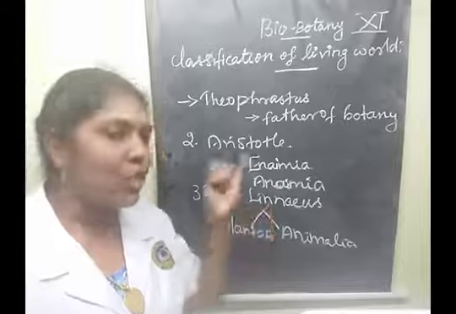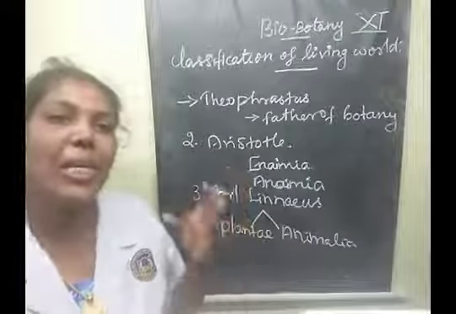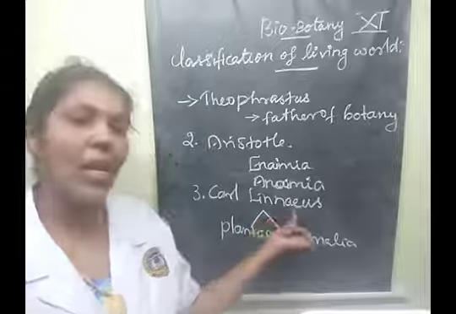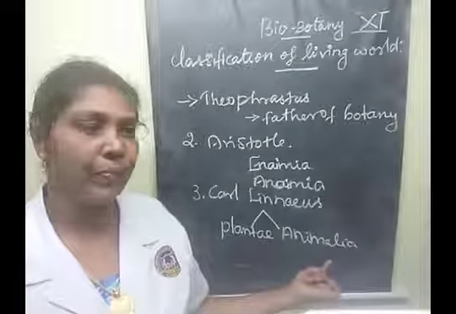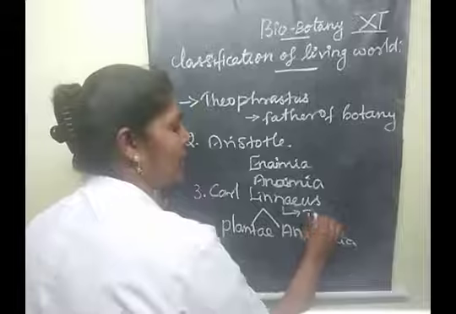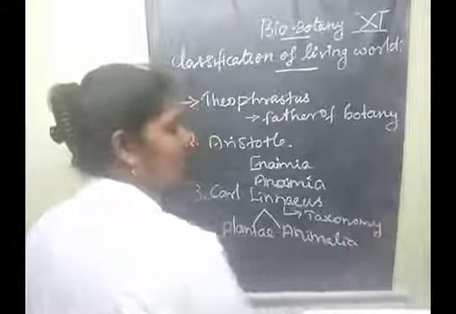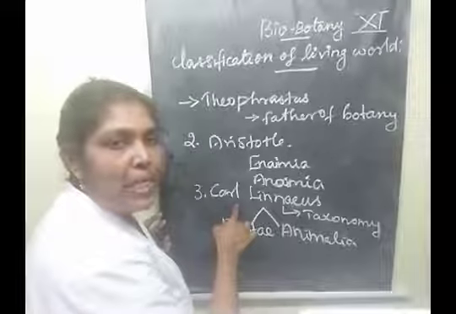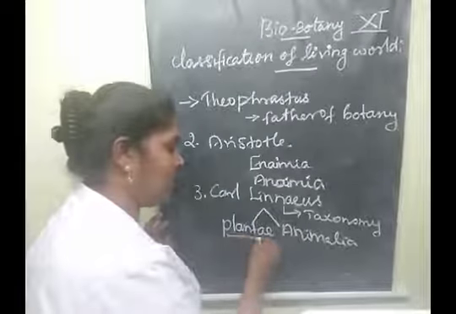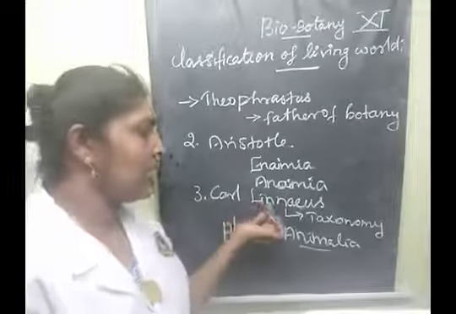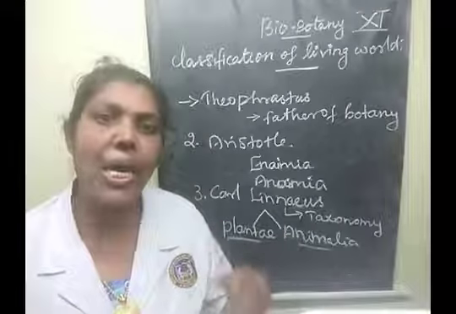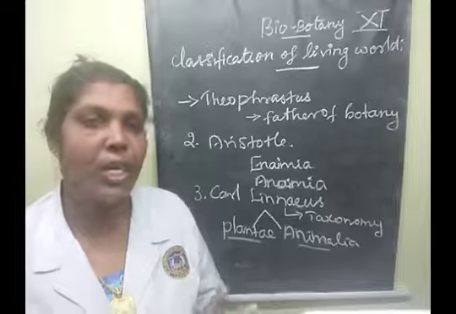The first drawback is that prokaryotic and eukaryotic organisms are grouped together. This is one of the drawbacks of this two kingdom system of classification. Carolus Linnaeus, the father of taxonomy, proposed the two kingdom system of classification: Plantae and Animalia. The system has certain drawbacks. First, prokaryotic and eukaryotic organisms are grouped together.